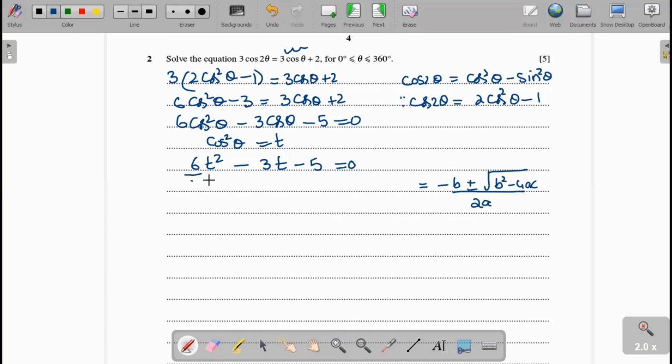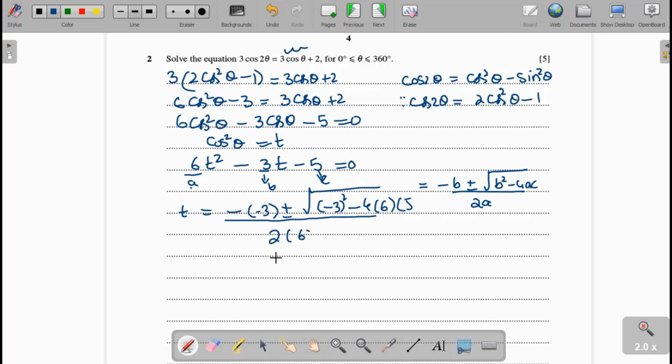Here is a, and that is considered as b, and that is considered as c. Now we write it, t is equal to minus minus 3 plus minus square root of b square minus 4 times ac. Now a is 6 and c is minus 5. Therefore, over 2 times a, 2 times 6.